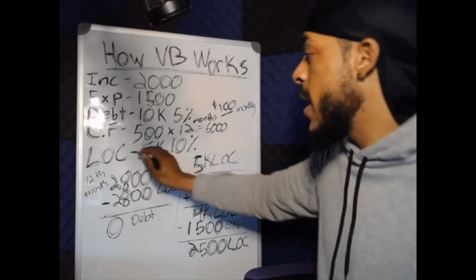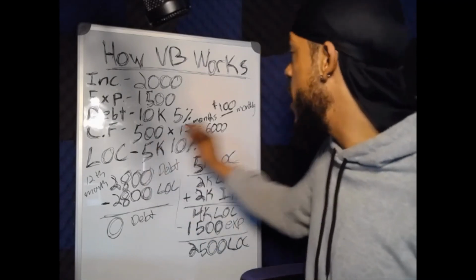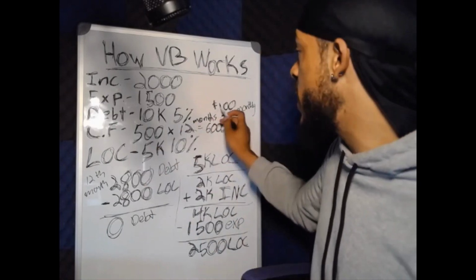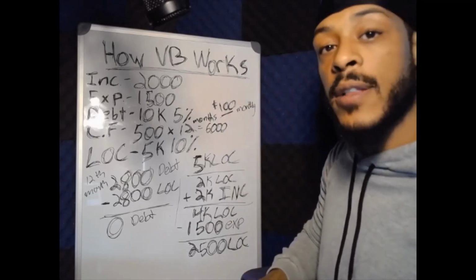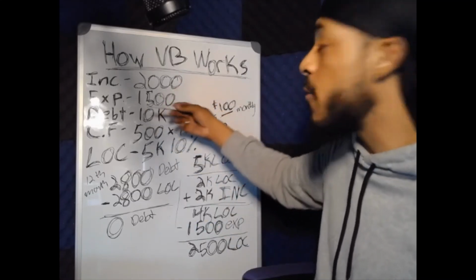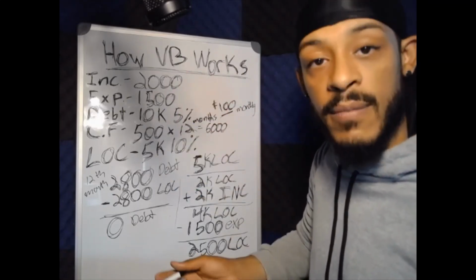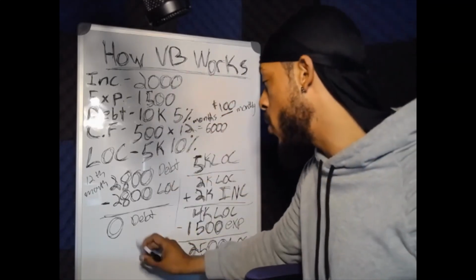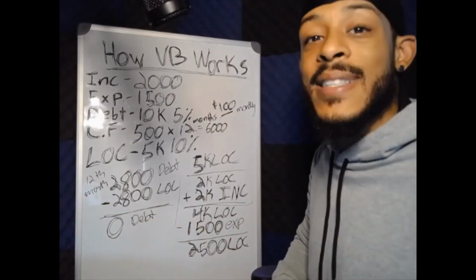But now, instead of a $500 cash flow, we have a $600 cash flow because we are no longer making this monthly payment of $100. So our expenses go from $1,500 down to $1,400. Am I right? So how many times does 6 go into 28? 4.6 months.